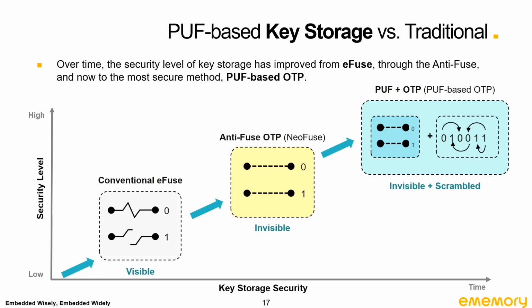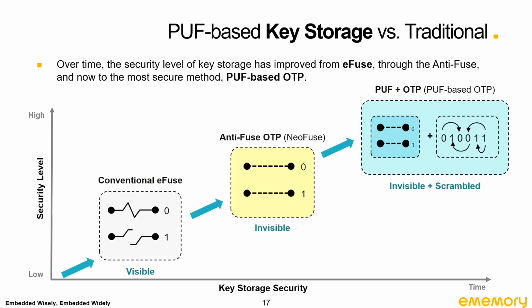The second problem with eFuse is that its size is very large, so it cannot overcome the density of 8K bits, because if the density becomes larger, the yield becomes lower.